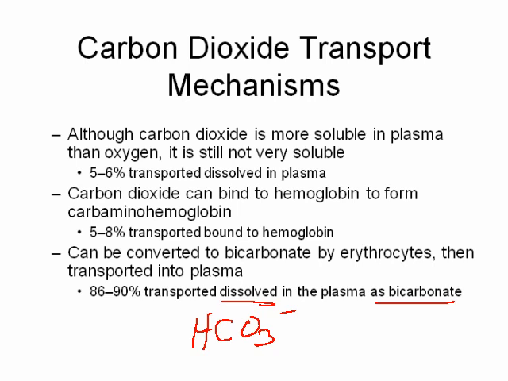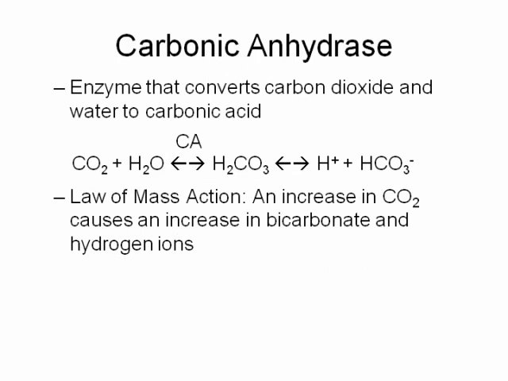So carbon dioxide can be converted to bicarbonate ion by the erythrocytes, and then is transported in the plasma that way. Carbonic anhydrase is an important enzyme. It's the enzyme that converts carbon dioxide and water into carbonic acid.